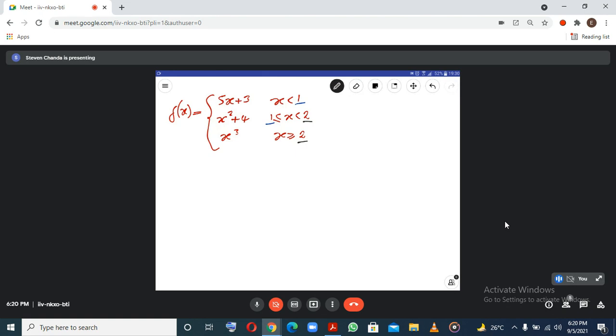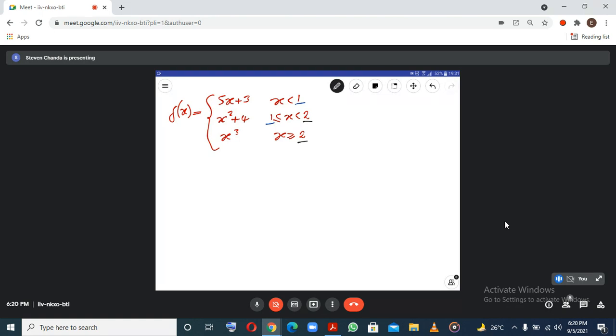Discontinuity can usually occur at the point where these individual functions meet one another. That's where you are most likely to get a discontinuity.